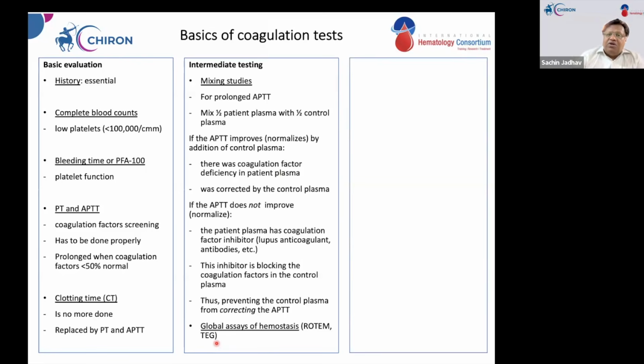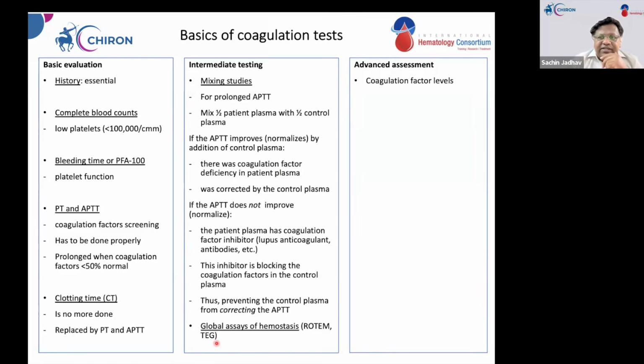However, if we want to do a complete comprehensive assessment of coagulation, then we have to send the sample to a coagulation lab. In the coagulation lab, we will actually do factor assays and say, okay, your factor 8 is say 100%, your factor 9 is 124%, blah, blah, blah.